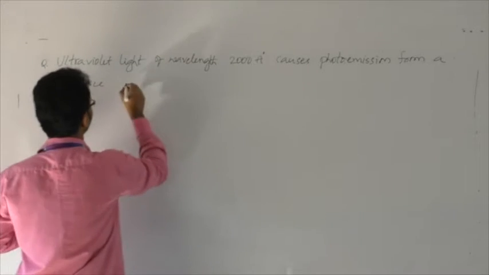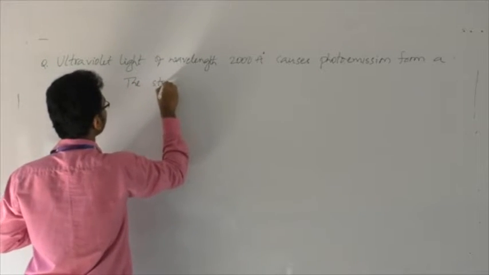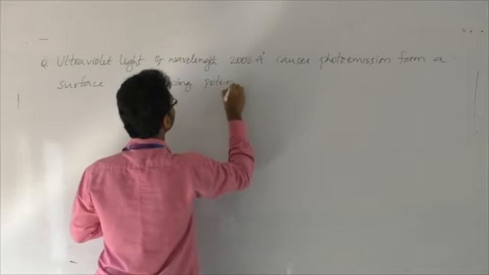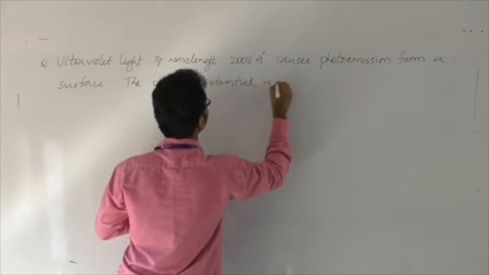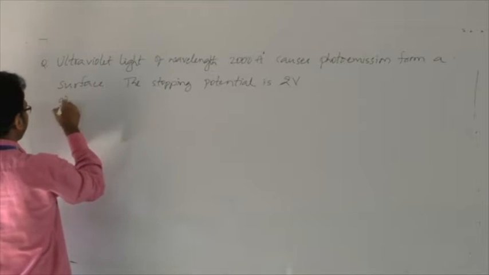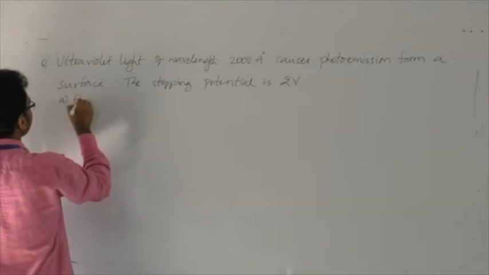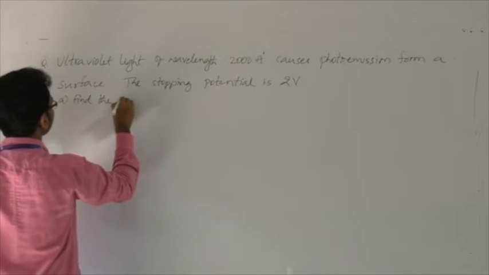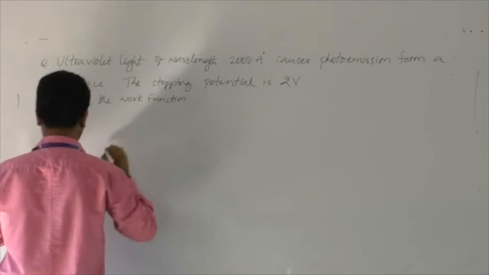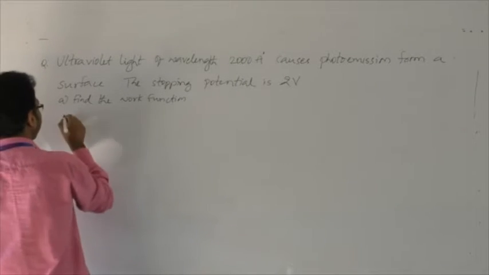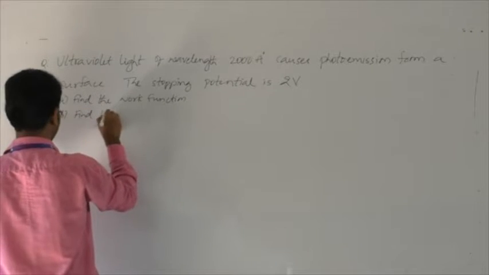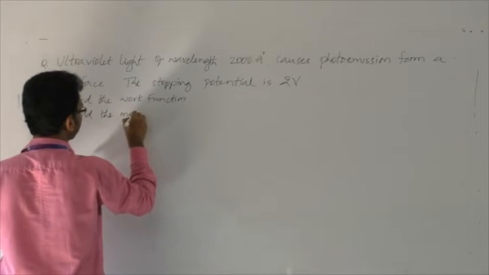The stopping potential is 2 volts. Then find A, the work function, then B, find the maximum speed of the photoelectron.